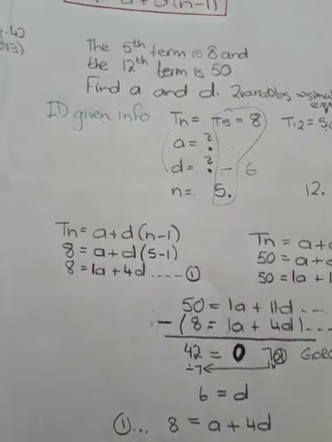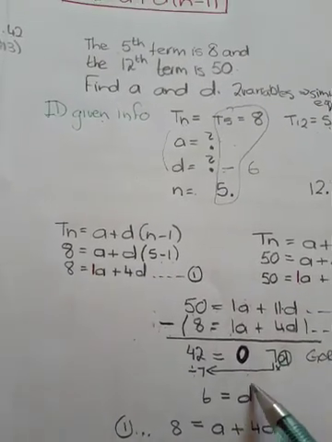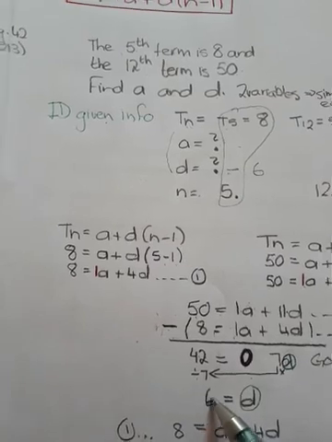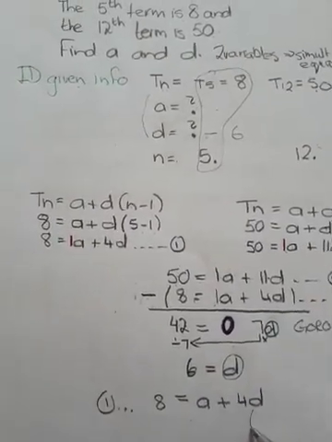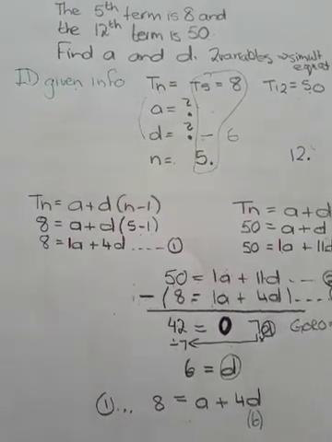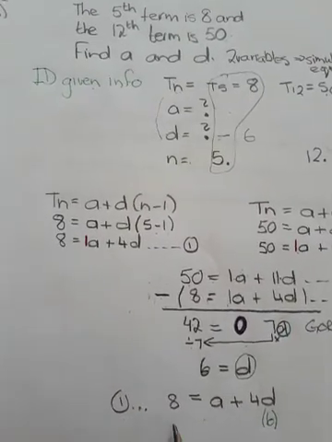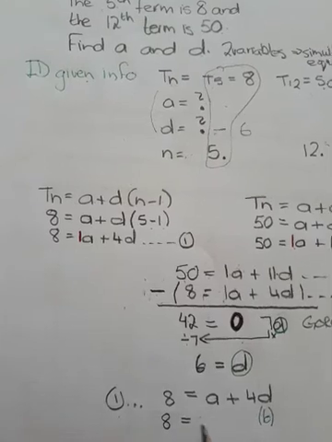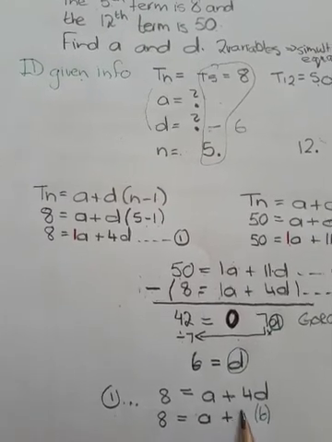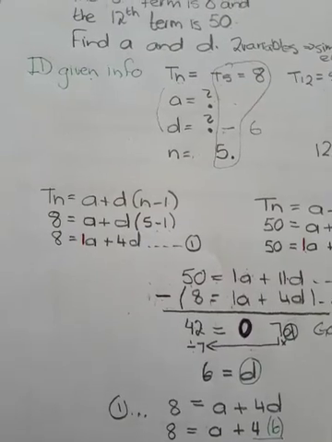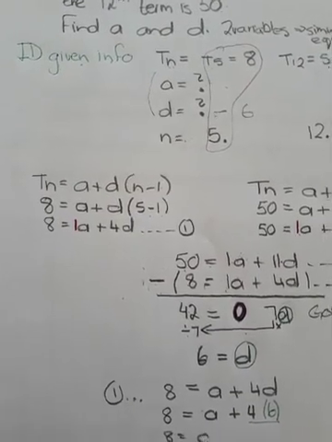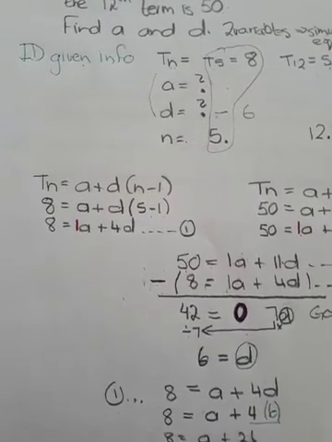But now remember, I have calculated D as being 6. So instead of D, I will now write 6. I substitute my value, right? The remainder of the equation is the same. Okay, then again we just simply calculate 8 equals A plus 24.